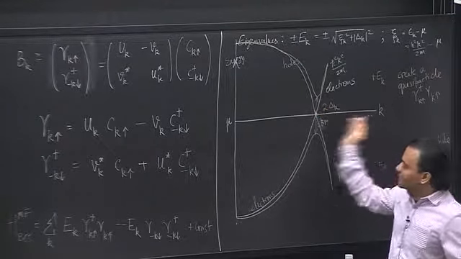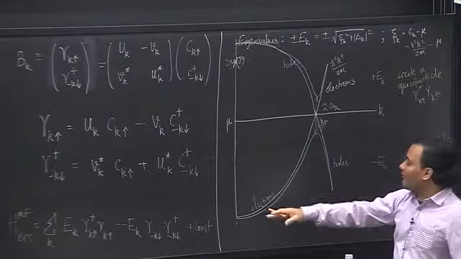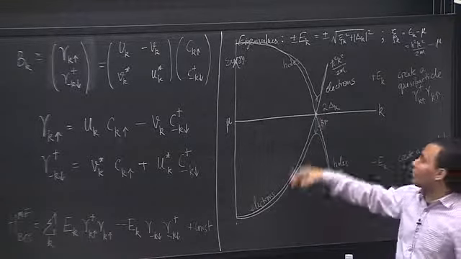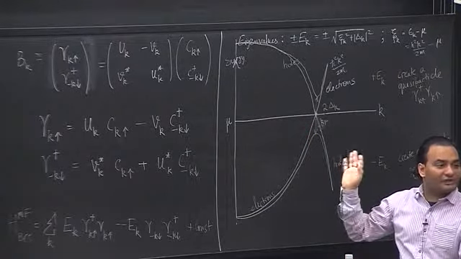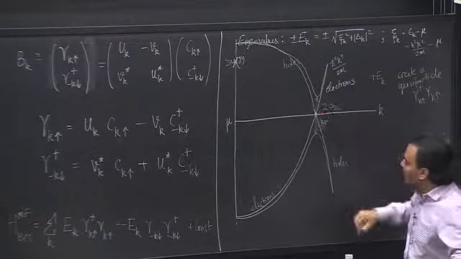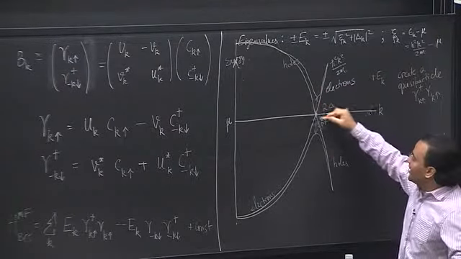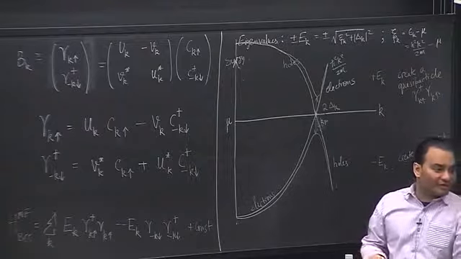All states below are full. You can think of all these electronic states to be occupied and all those hole states to be occupied. But above the Fermi energy, all electronic states were empty, and now the hole states are also empty.